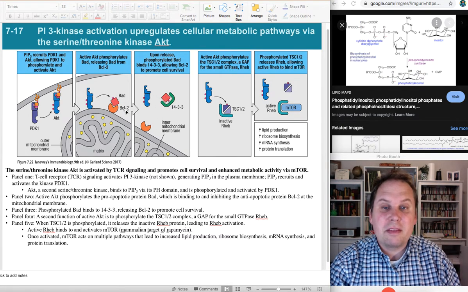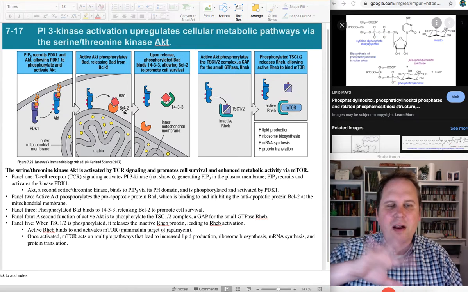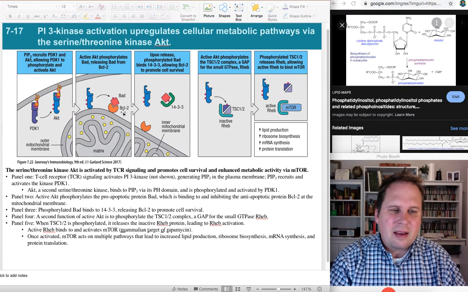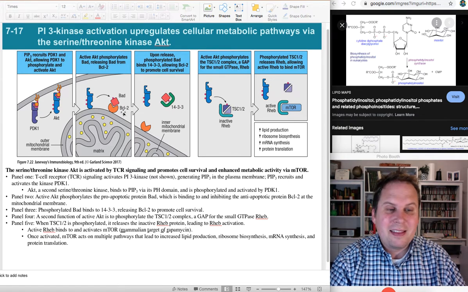Because you remember BAD and Bcl-2 were involved in the downstream targets of apoptosis. And if you take away the BAD from the Bcl-2, then they basically can't destroy the cell.